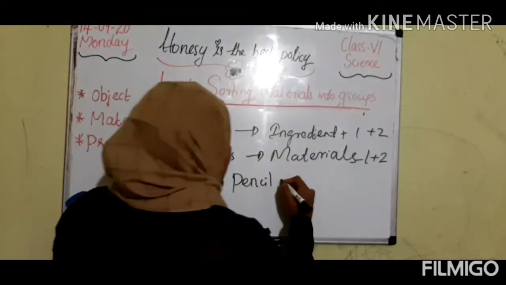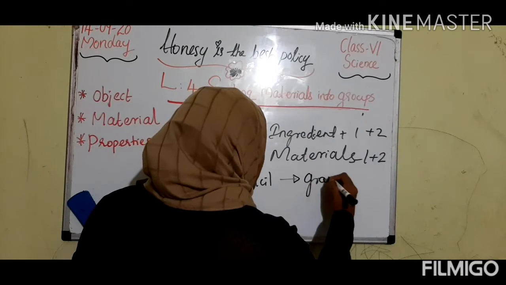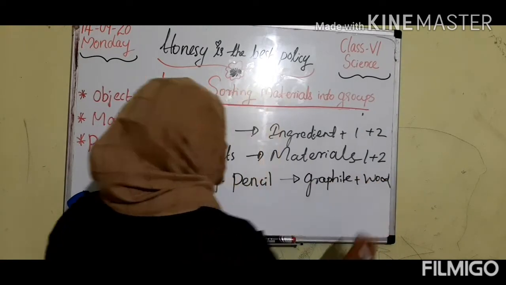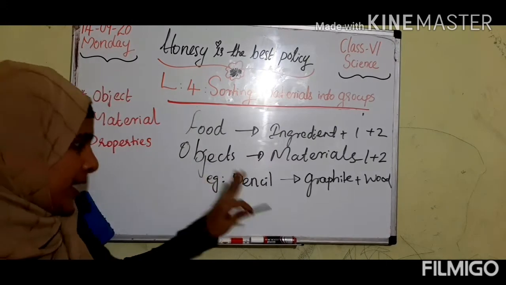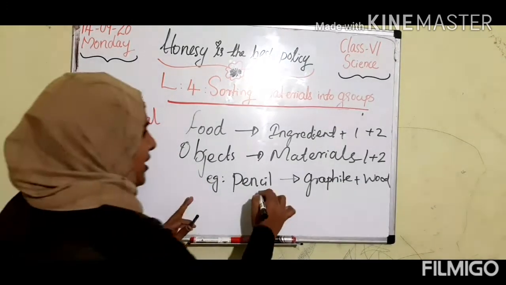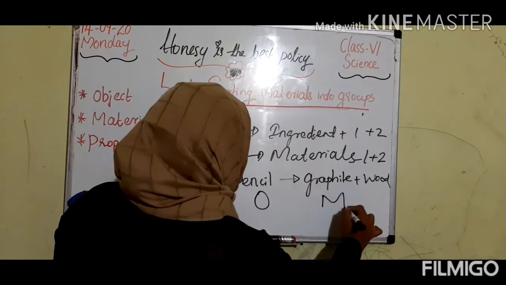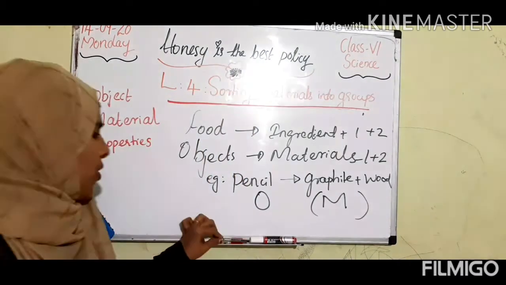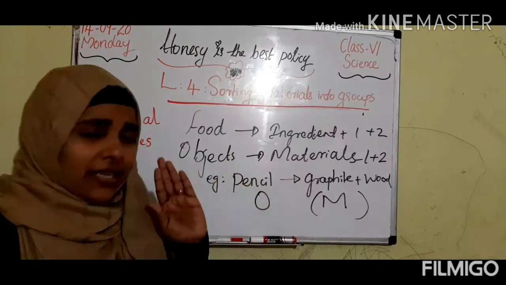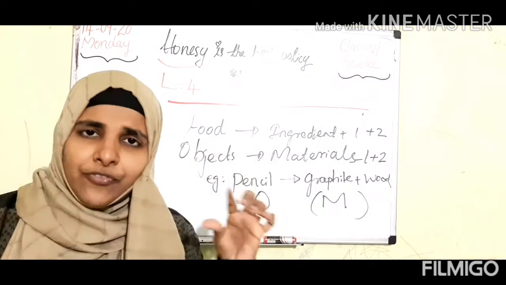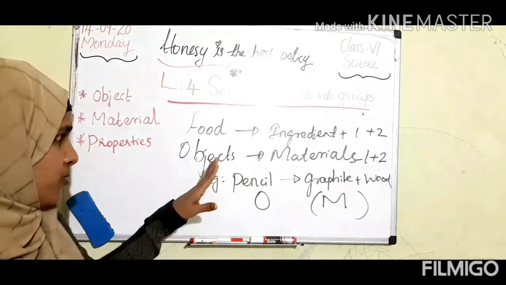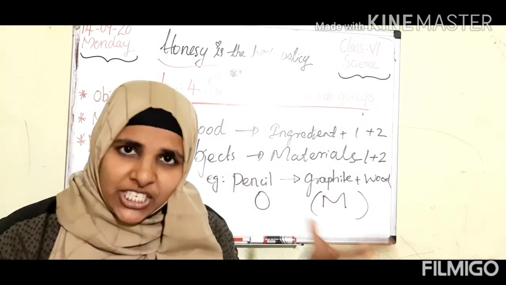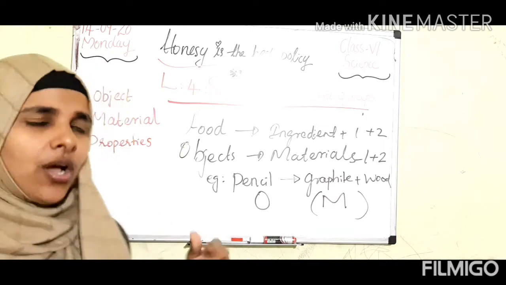So pencil is an object here and the materials are what, children? Graphite and wood. So from that we understand the definition: objects are made from different types of material. Clear, all of you? Okay.